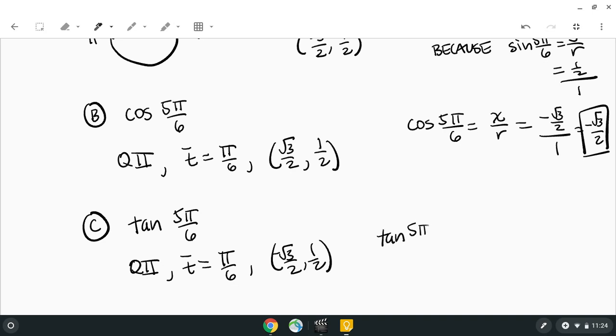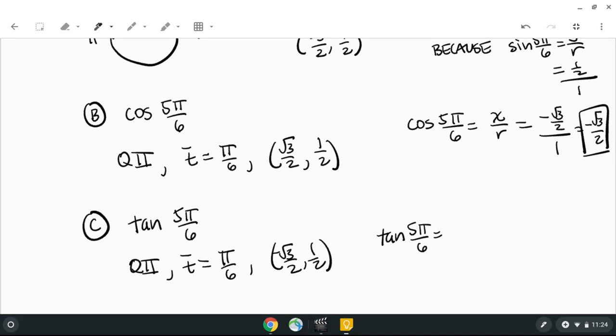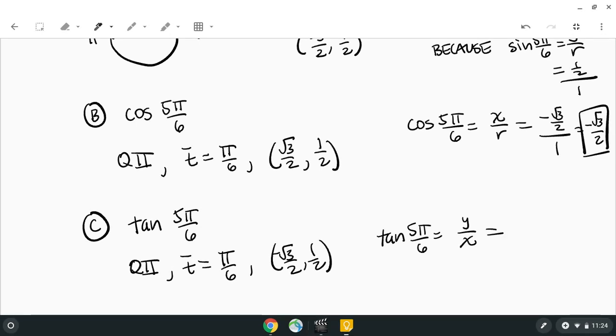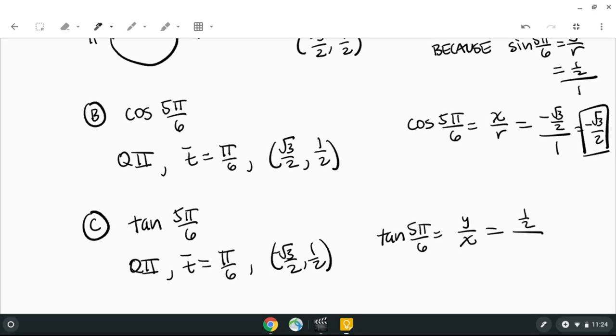So tangent of 5 pi over 6 is y over x, and we know what those two are. It's 1/2 over negative square root 3 over 2.